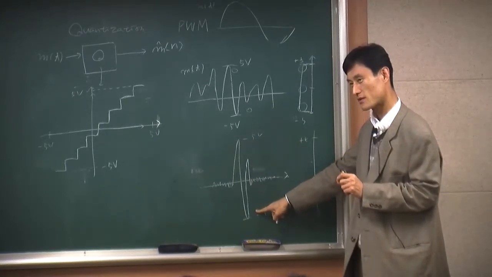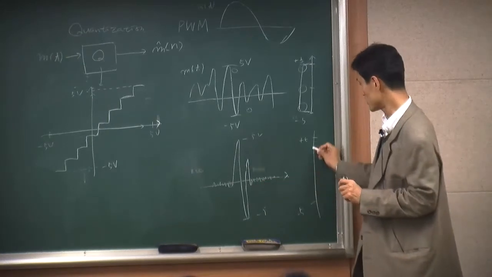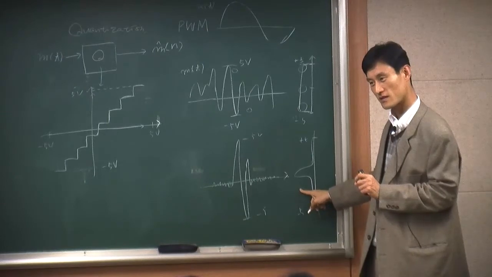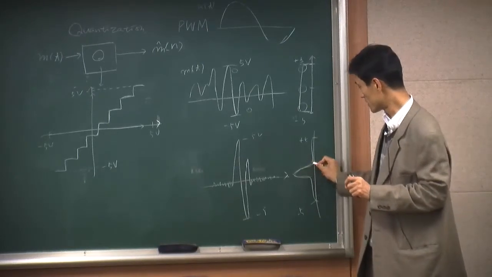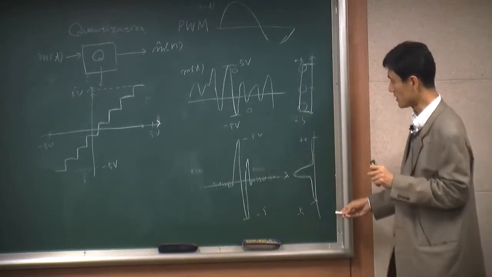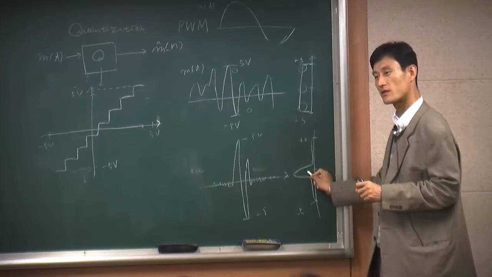This one happens once in a while, but most of the time this happens. So when you draw the distribution, it's going to be like this, right? Most of the time you have this value. So in the probabilistic sense, most of the probability goes in here. Do you see the difference?